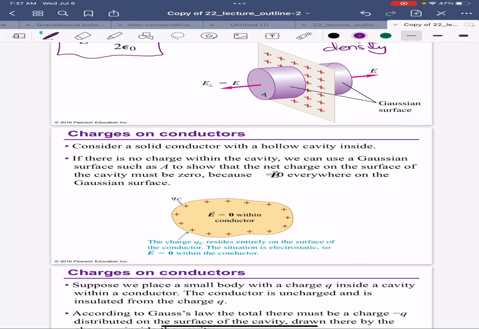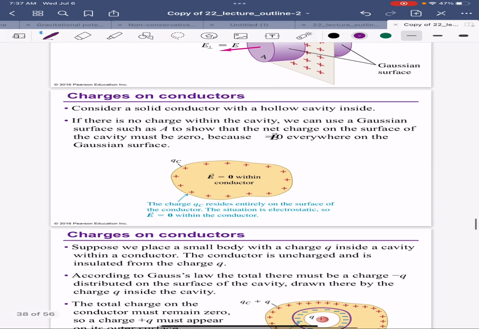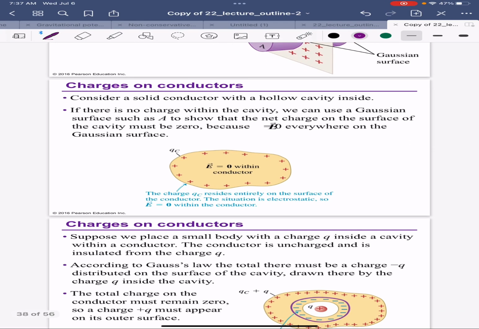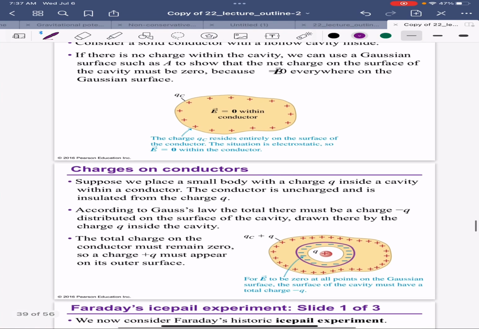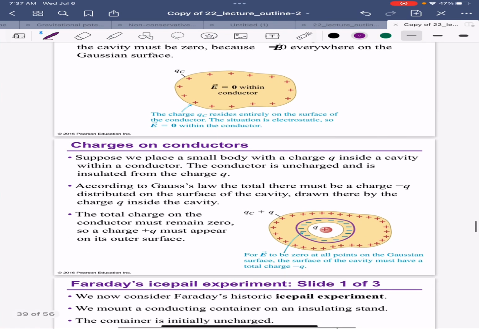Here we have charges on conductors. We said that the charge is going to reside entirely on the surface of the conductor, and E will be 0 within the conductor.